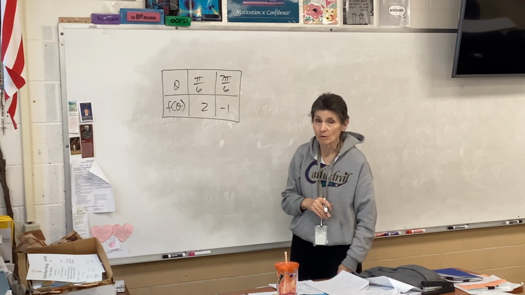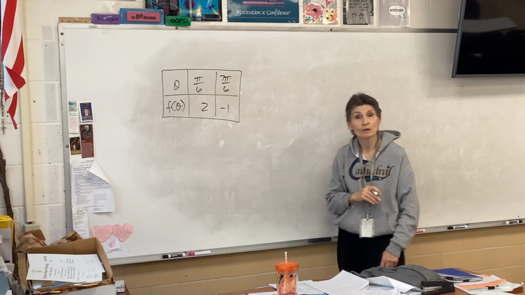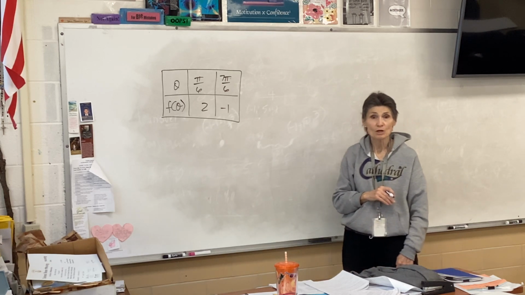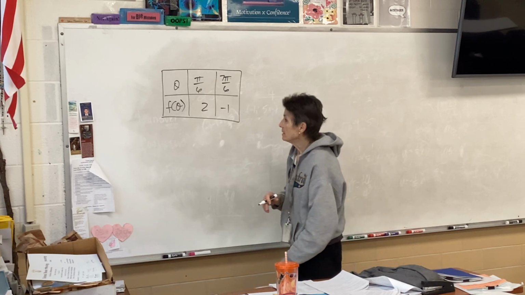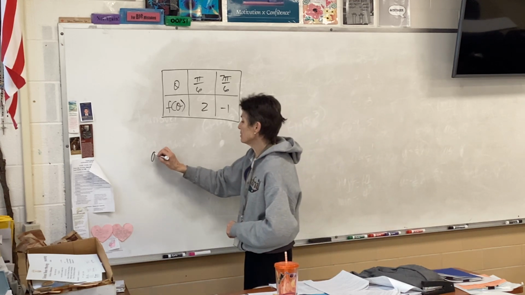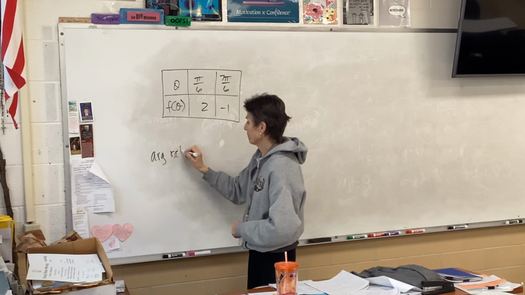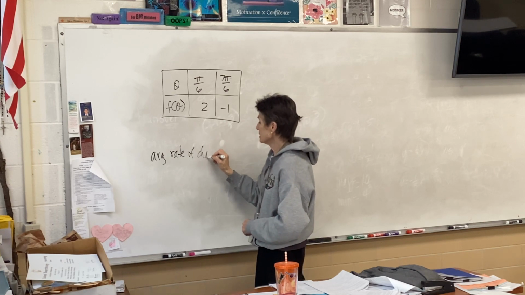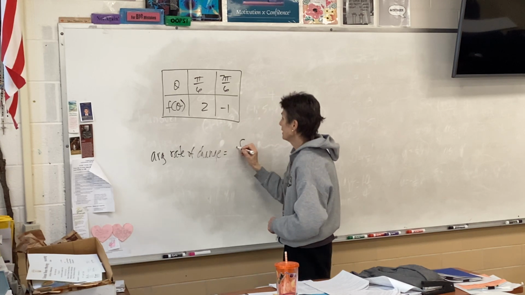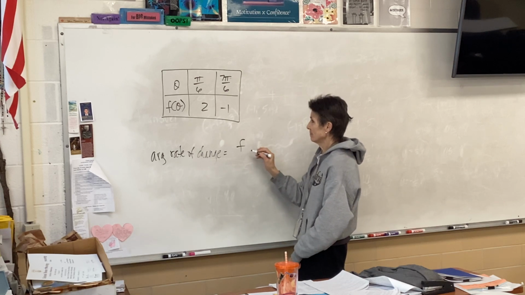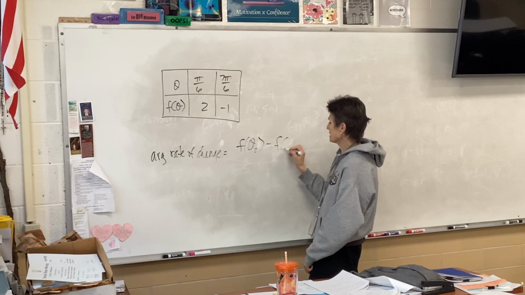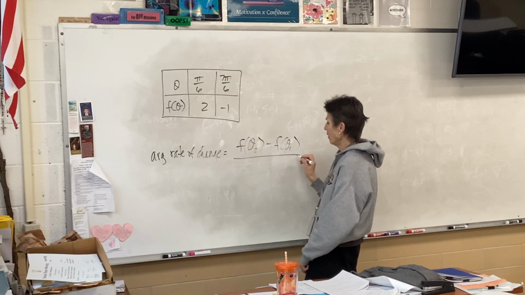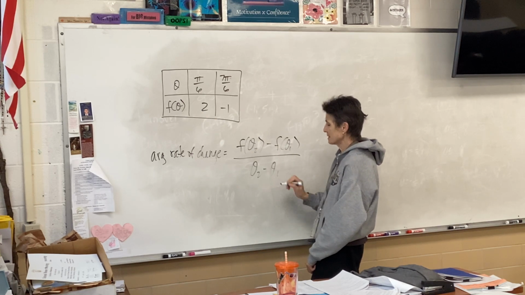Okay? So to find the equation of the line, we're going to do the average rate of change, which we know is like the slope, okay? So our average rate of change is f of theta 2 minus f of theta 1, all over theta 2 minus theta 1.